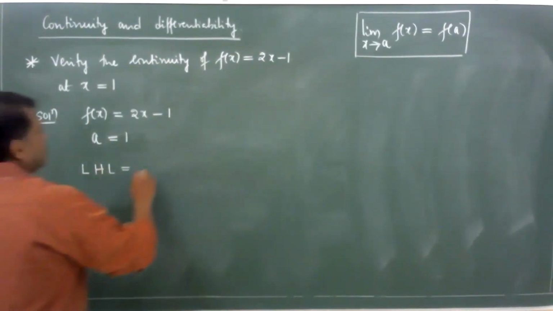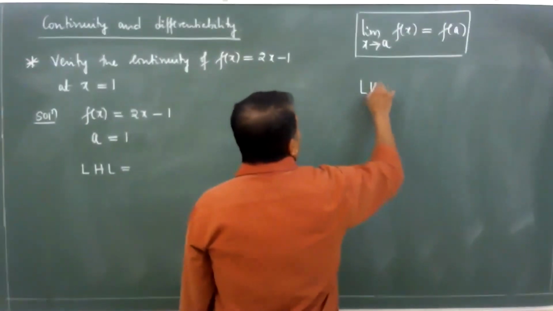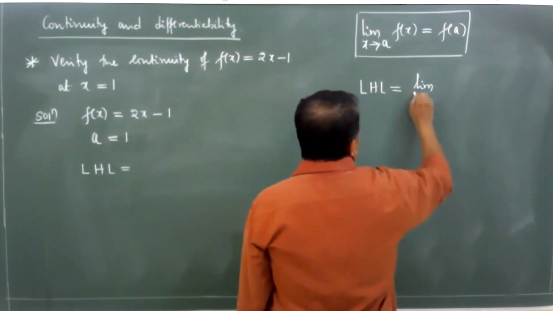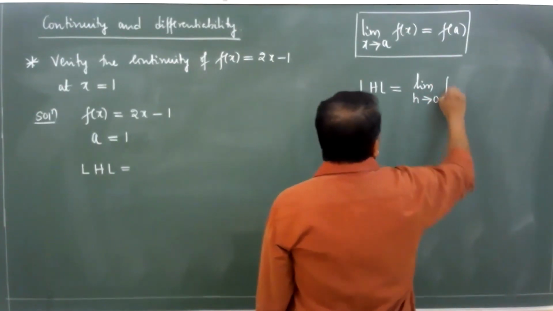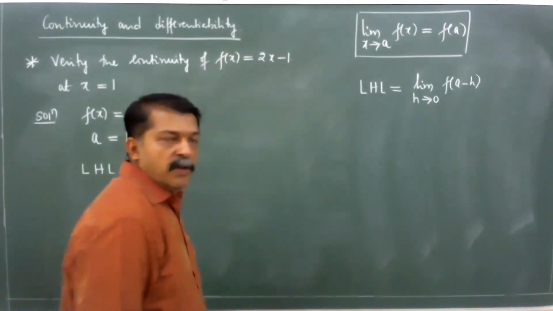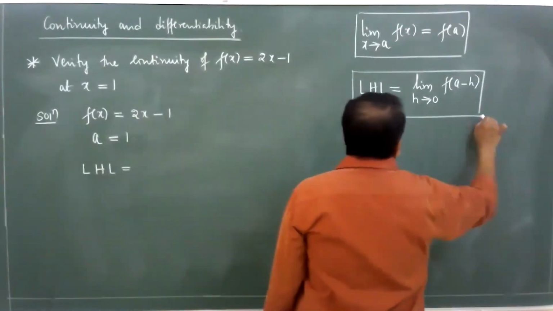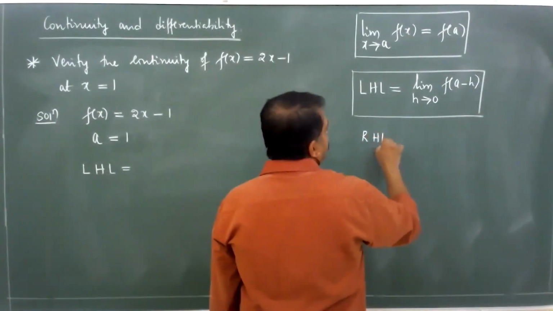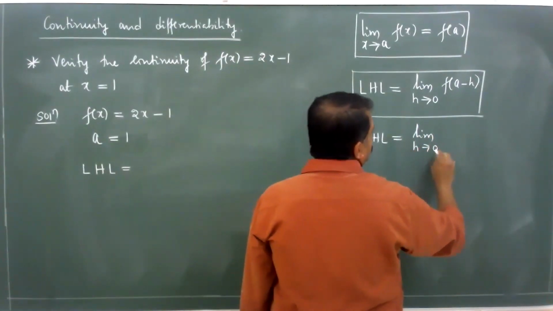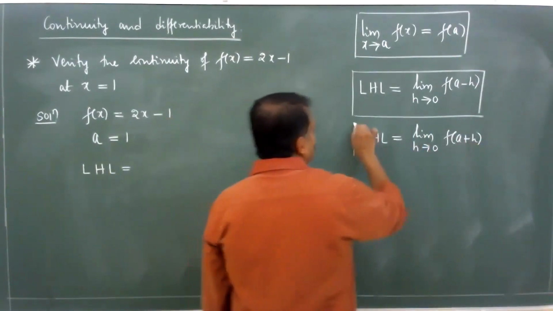So left hand limit is equal to, what is this left hand limit? How to calculate left hand limit? We already saw how to calculate left hand limit. Limit h tends to 0, f of a minus h. This gives you the left hand limit. How to calculate right hand limit? Right hand limit RHL is equal to limit h tends to 0, f of a plus h.